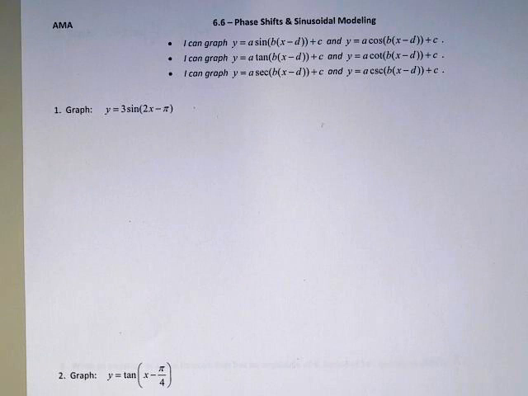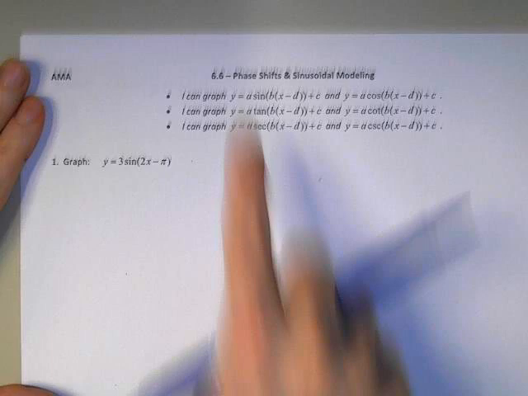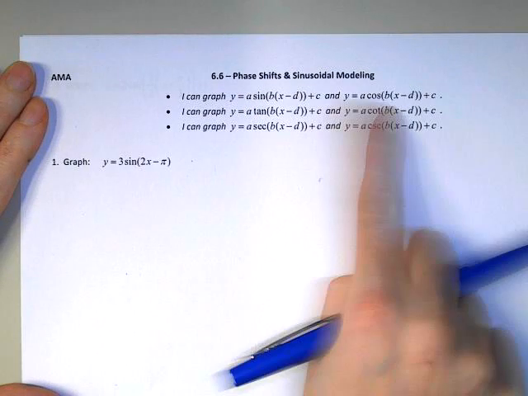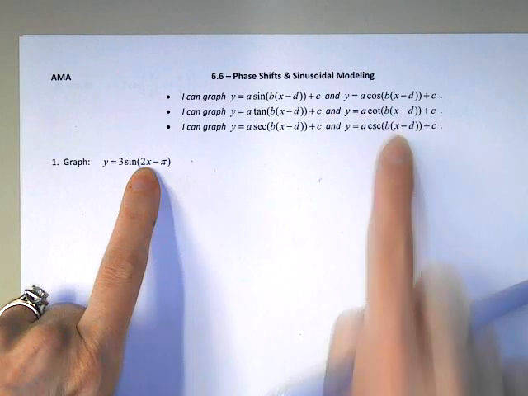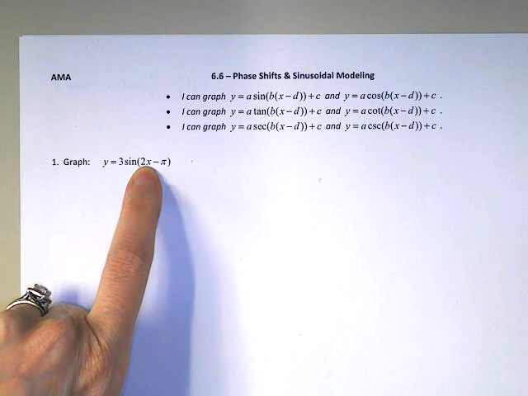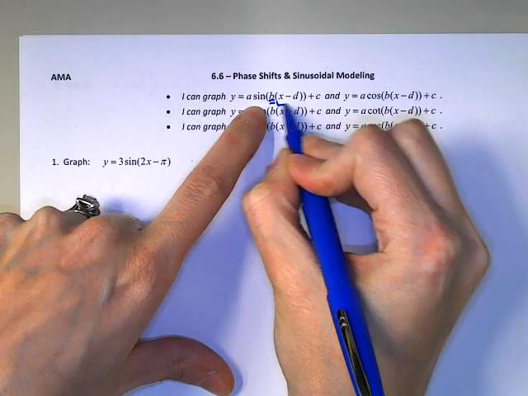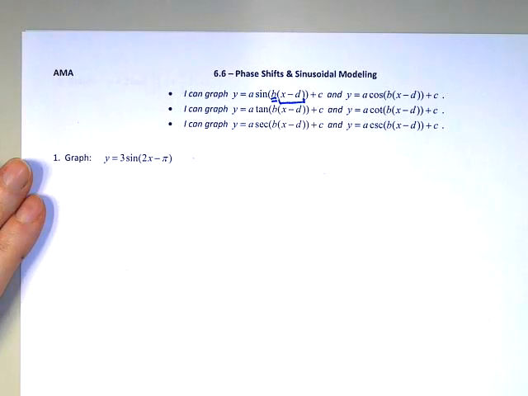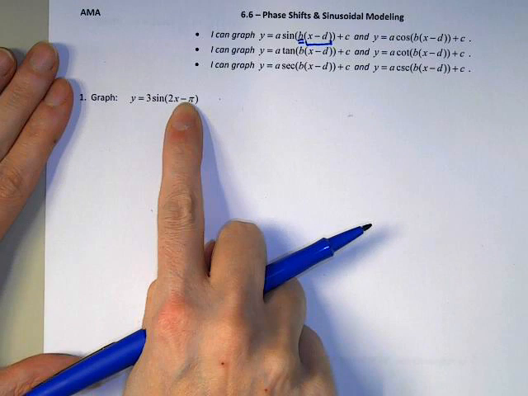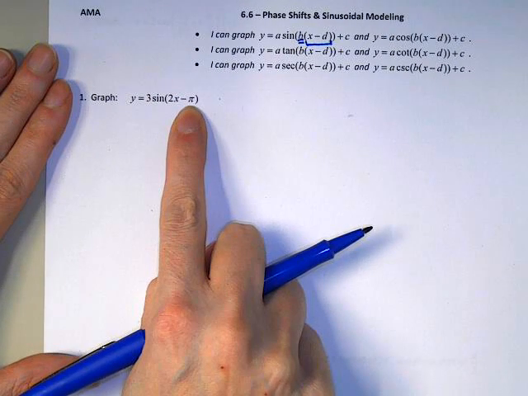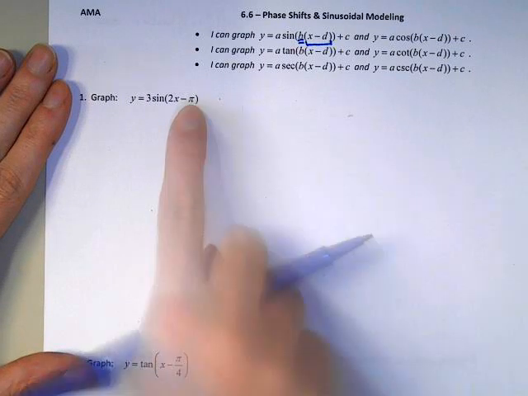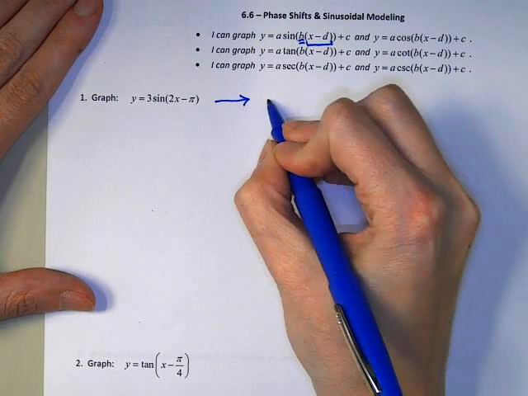Okay, and here's why. When you're graphing sine, cosine, tangent, cotangent, secant, cosecant, if there's ever a number in front of the x, you need to factor it out so you can really see what the phase shift is. For example, a lot of people might look at this and say, oh, the phase shift is right pi. That is not right. So what you need to do first is rewrite it.